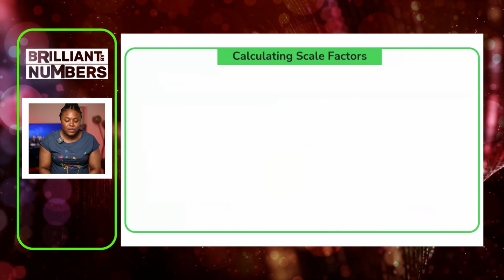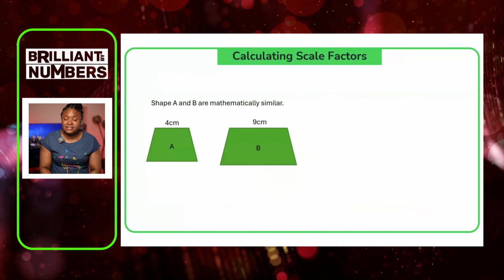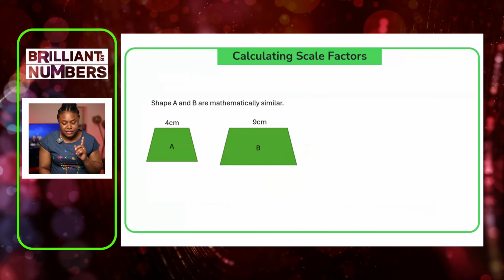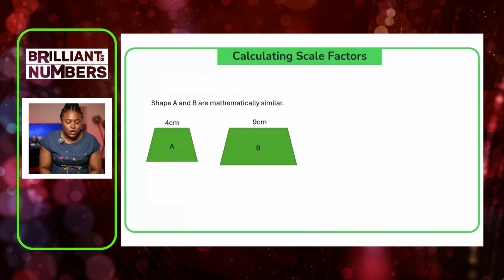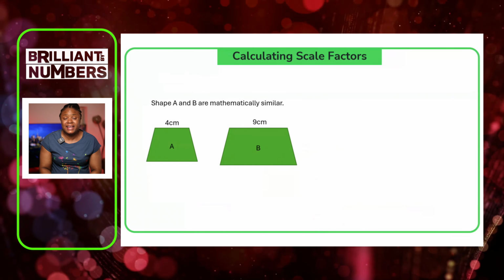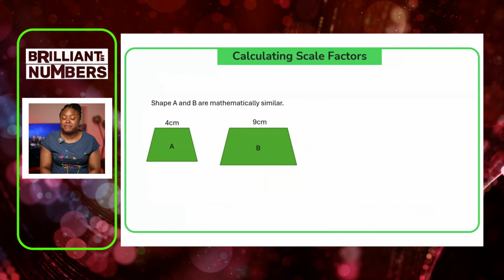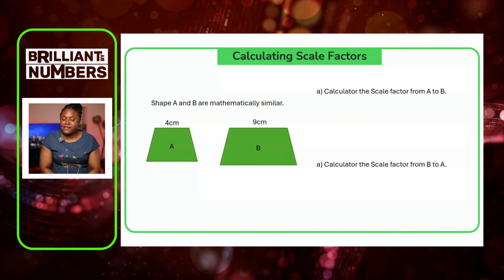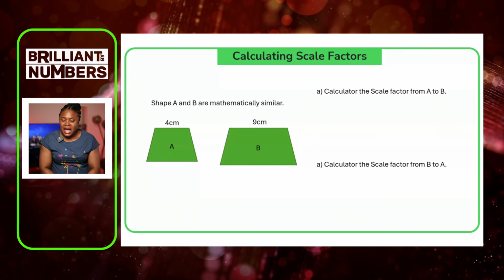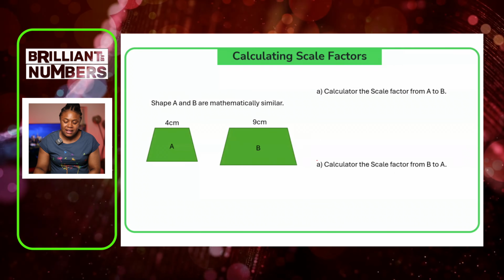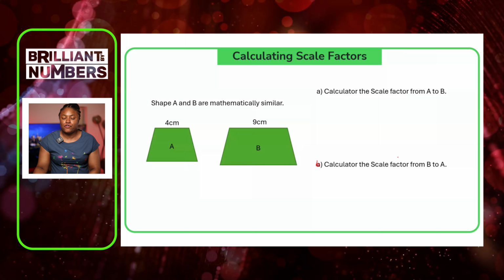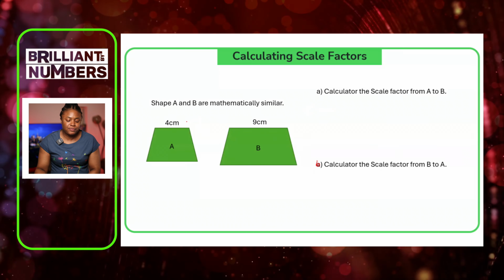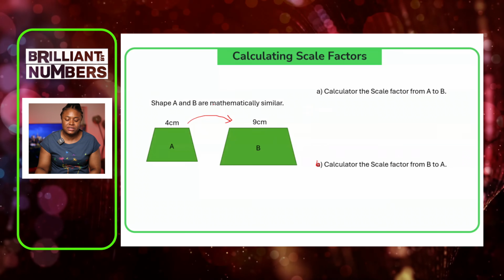Beautiful. So now let's calculate some scale factors here. So shape A and B are mathematically similar, very important language there. So we're told that the length of A is 4 centimeters and the length of B is 9. So part A asks us to calculate the scale factor from A to B, and part B asks us to calculate the scale factor of B back to A. So for the first part, I'm going to do 4 times something, so I'm going to let that be x.